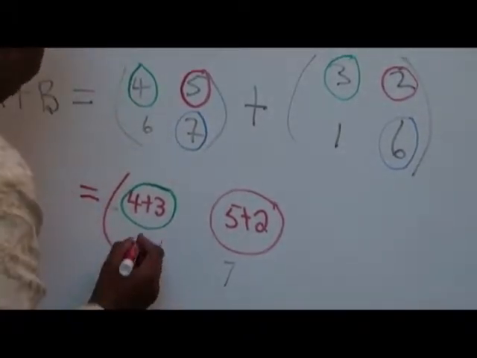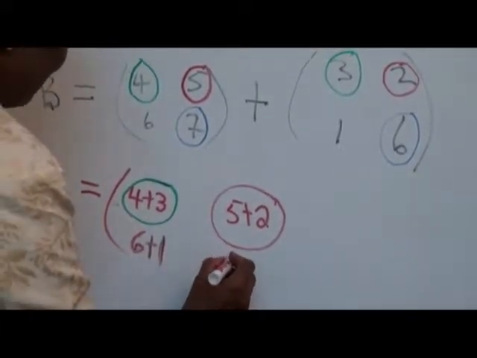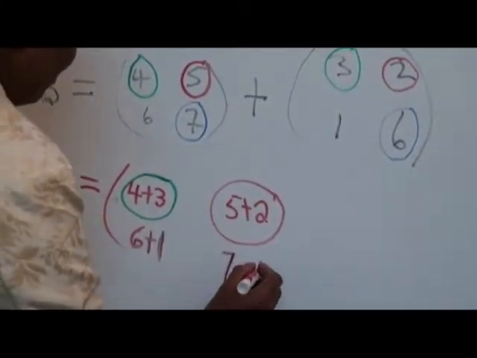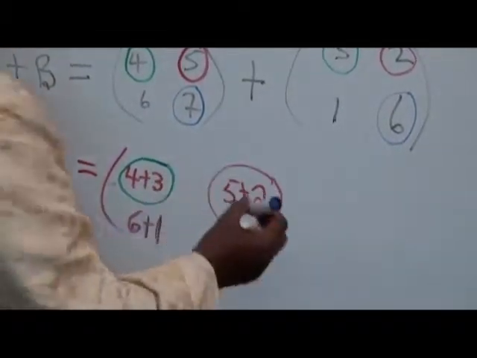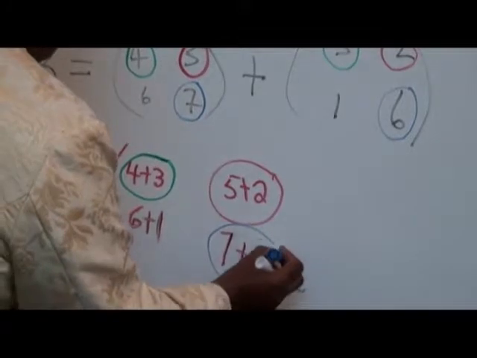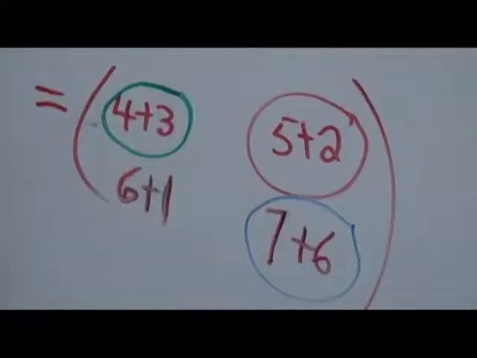Let's write the numbers in red here. And this would represent our blues. So that is how we are doing our addition.